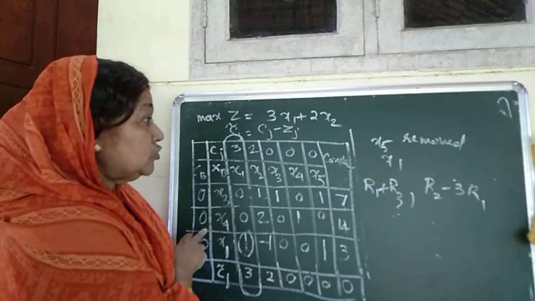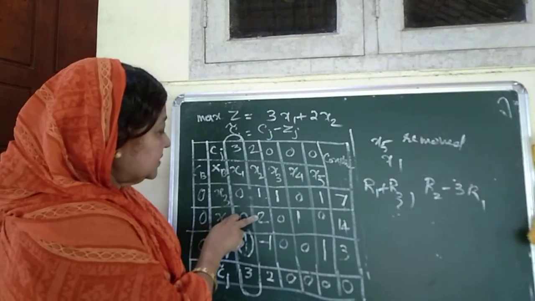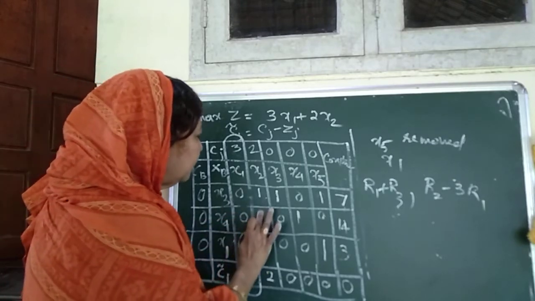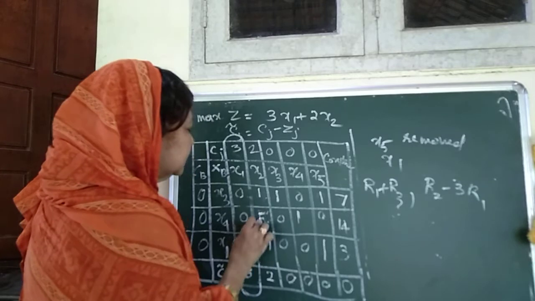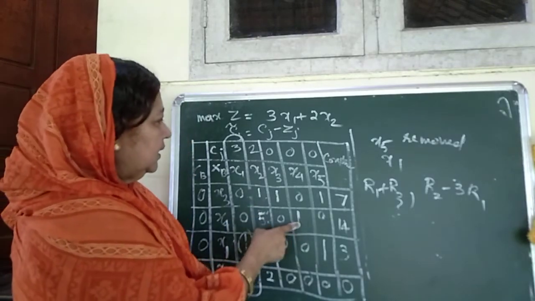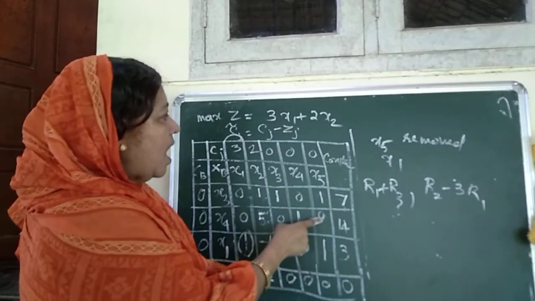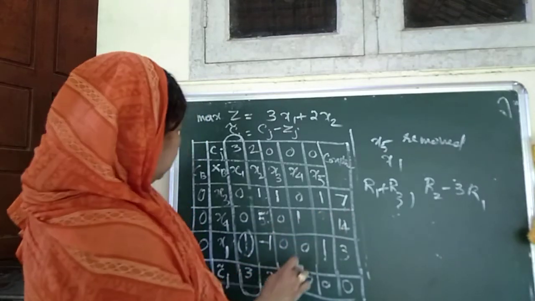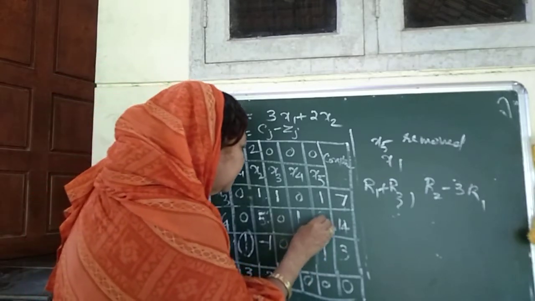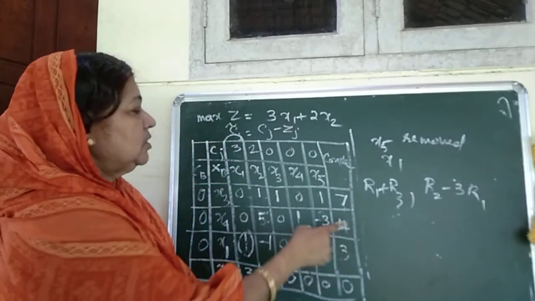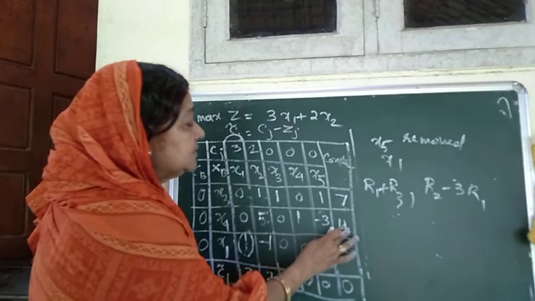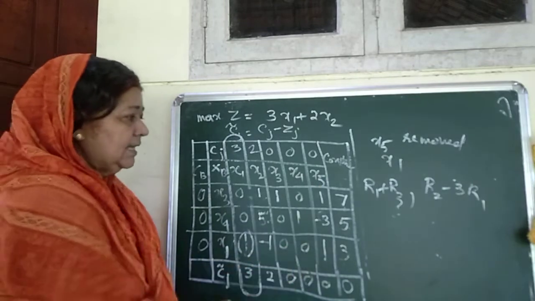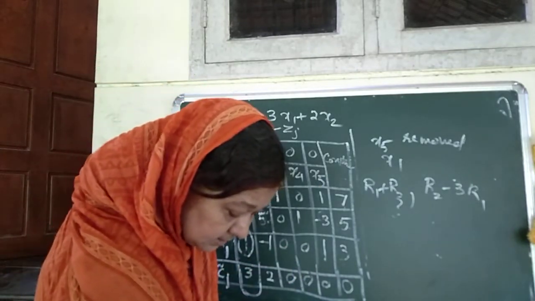Here then R2 minus 3 R1: 2 minus minus 3 gives 5. Then for x5, R2 minus 3 R1 gives minus 3. And 14 minus 9, that is 5. Then in the last row there is no change.